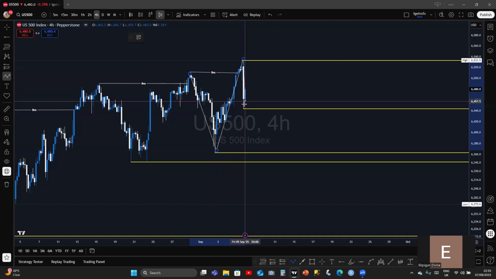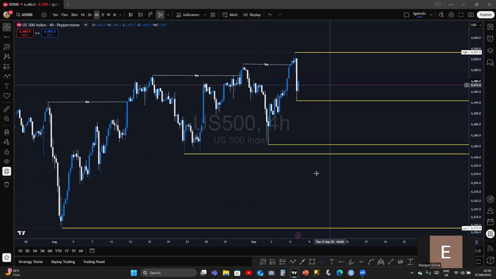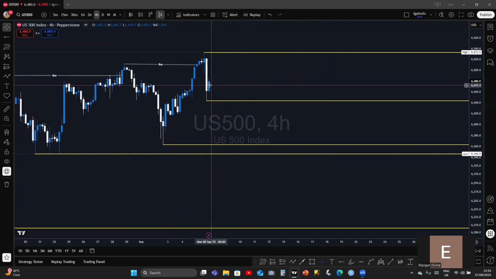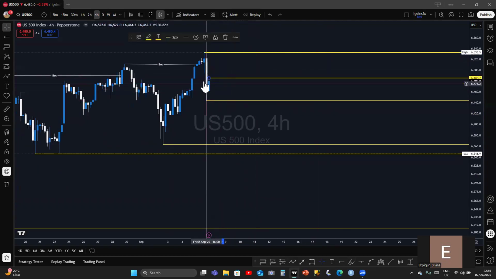After this pullback, you can now see that the new price found rejection here, found support here. So you can see that it's gradually pushing to the upside before the market closed. This is where price found the support. The market closed, you see.